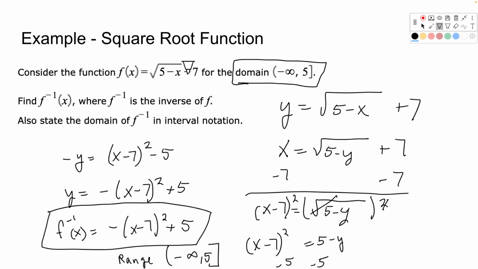So looking up here, what's the range of this function going to be? Negative 5 to positive infinity.